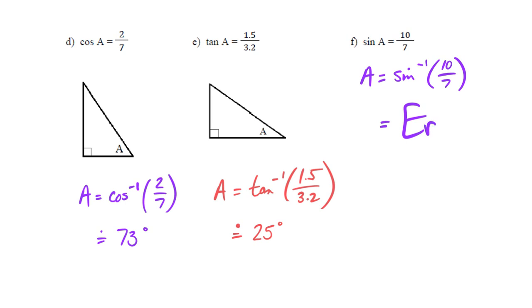For some of you, it might say error. It might say math error. It might say syntax error. There could be so many things that might pop up onto your calculator screen. The biggest one, your calculator can't calculate that. Now, maybe you can take a moment to look back and see why it can't.